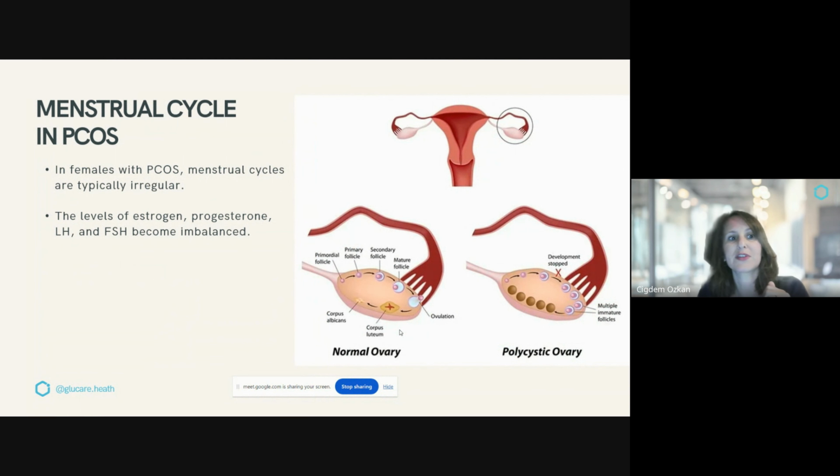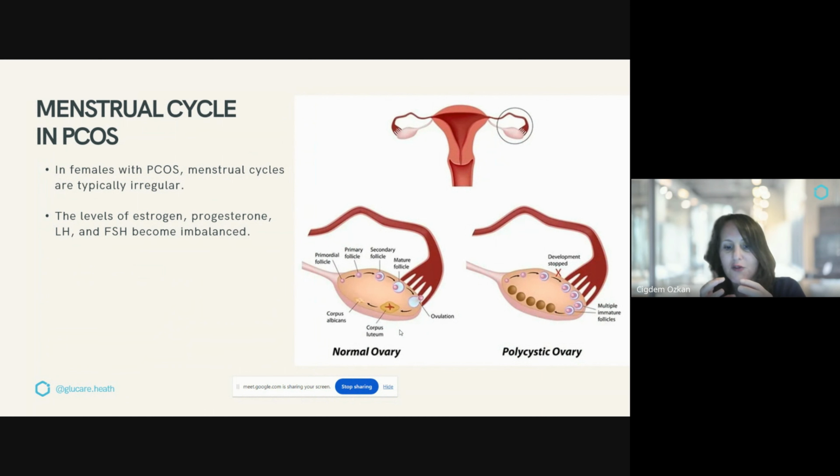How is the menstrual cycle in PCOS? In females with PCOS, menstrual cycles are typically irregular. Usually primary follicles develop in a regular way, then ovulation occurs. But in PCOS, unfortunately, development is stopped by some hormonal and metabolic factors, and immature follicles develop.